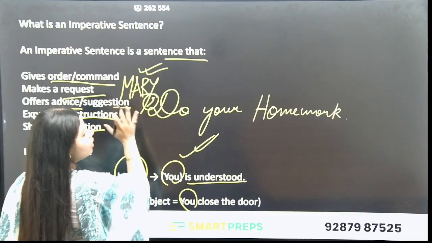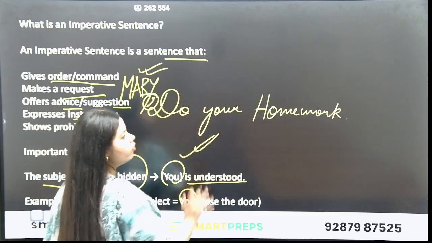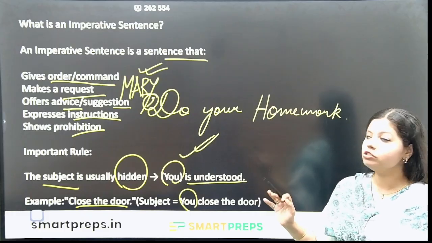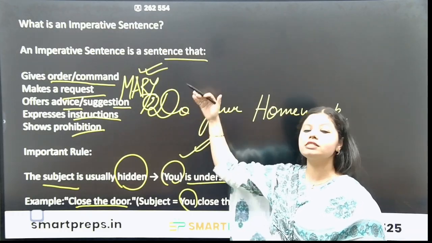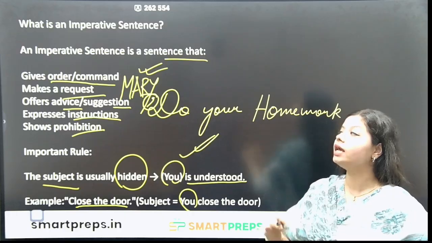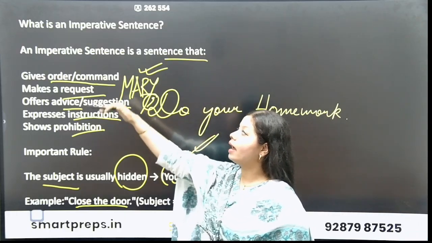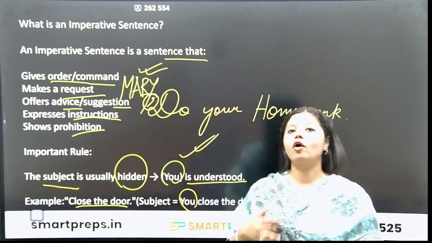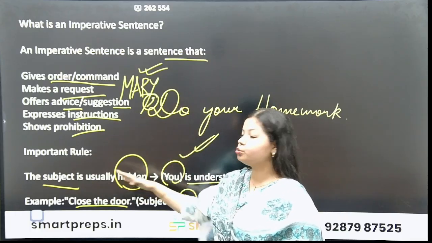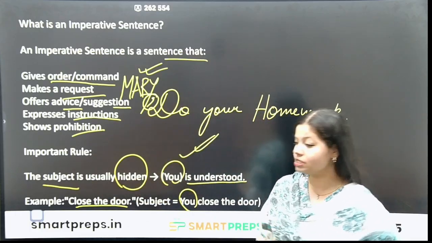So, Mary, comma, do your homework, period. This is an important rule: sometimes the subject is mentioned in exceptional cases, but usually in an imperative sentence, when it gives an order, command, advice, suggestion, or instructions, the subject is hidden.